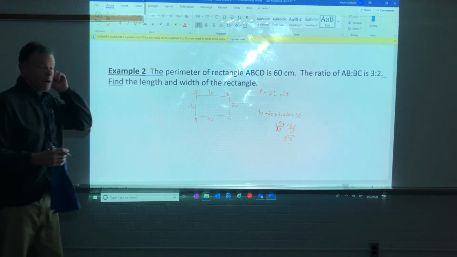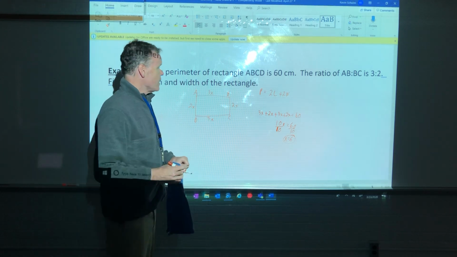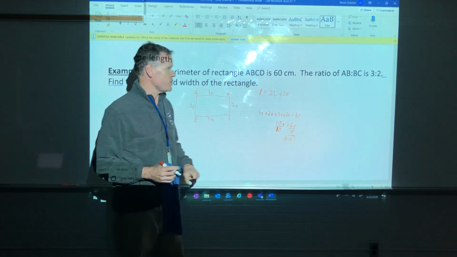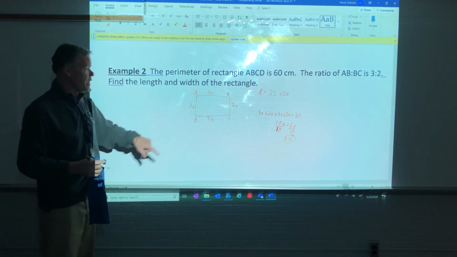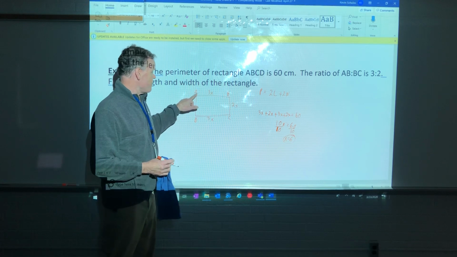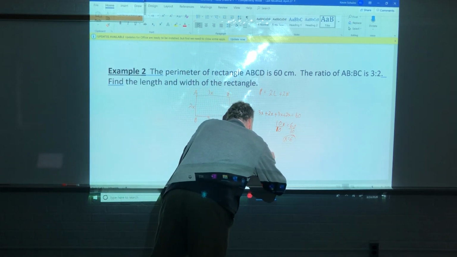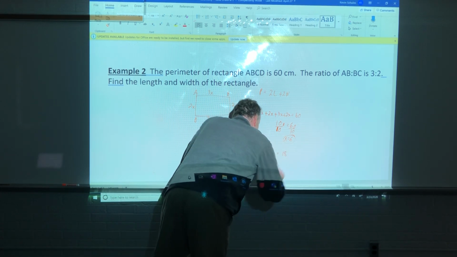Okay? Now, I always say we have to go back and make sure that we put the answer that they're asking for. They didn't just ask for x, they wanted you to find the length and the width. So we look at the length, AB, that's going to be 3x, and that's going to be 18.